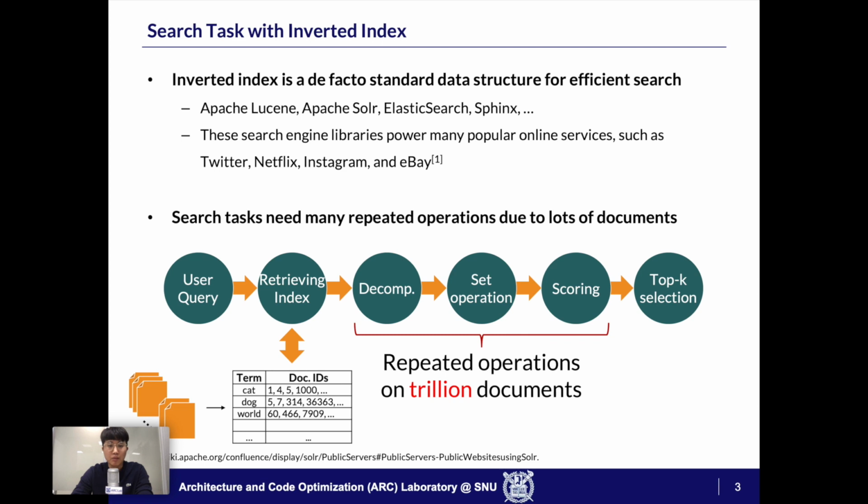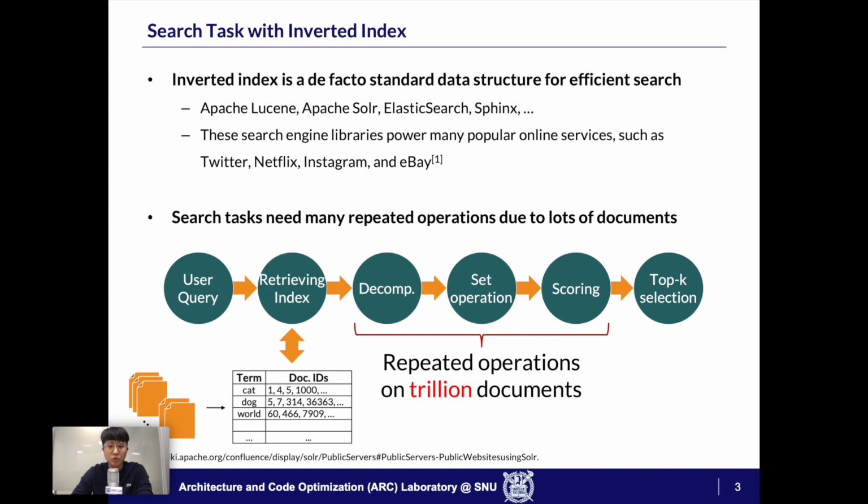For example, many search engine libraries such as Lucene and Elasticsearch utilize the inverted index as their main index data structure. These search engine libraries are used to power many popular online services such as Twitter, Netflix, and Instagram.